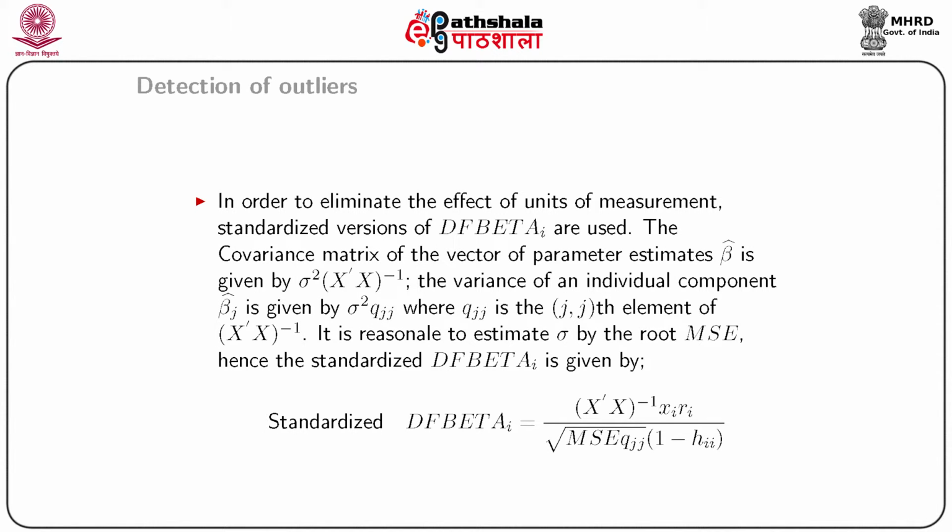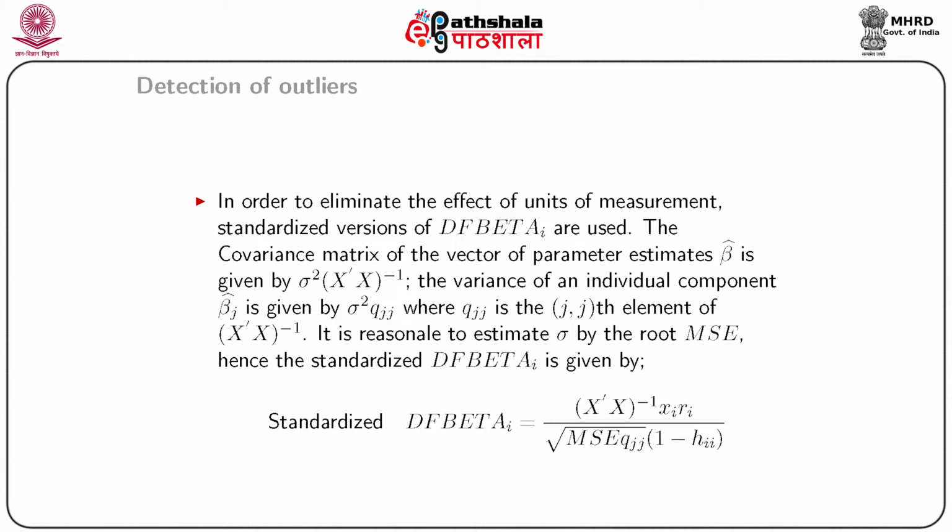Standardized DFBETAS is another measure that is more commonly used than simple DFBETAS. In order to eliminate the effect of units of measurement, standardized versions of DFBETAS are used. The covariance matrix of the vector of parameter estimates beta hat is given by sigma square (X prime X) inverse.